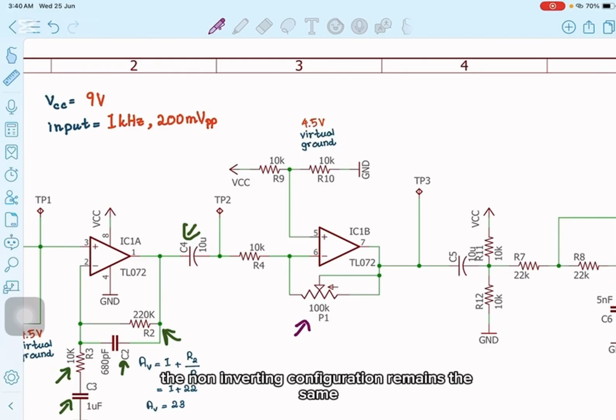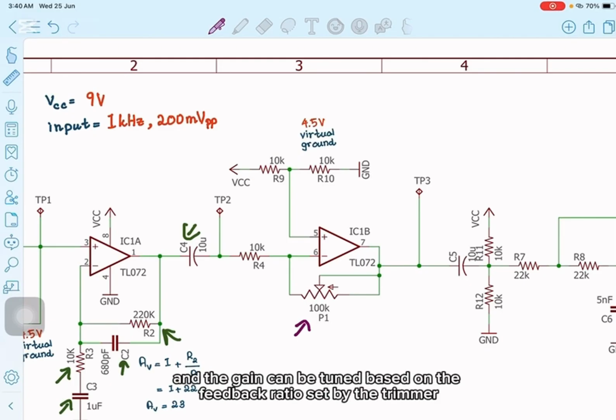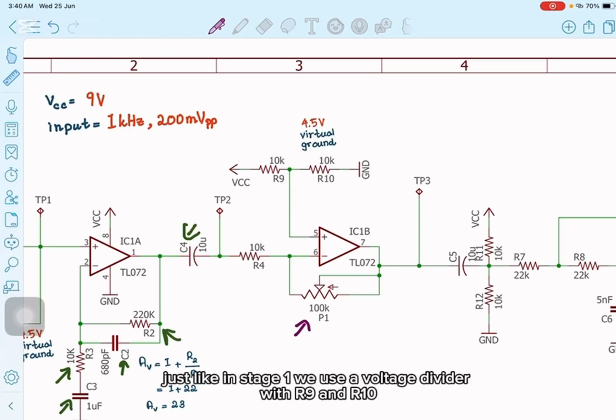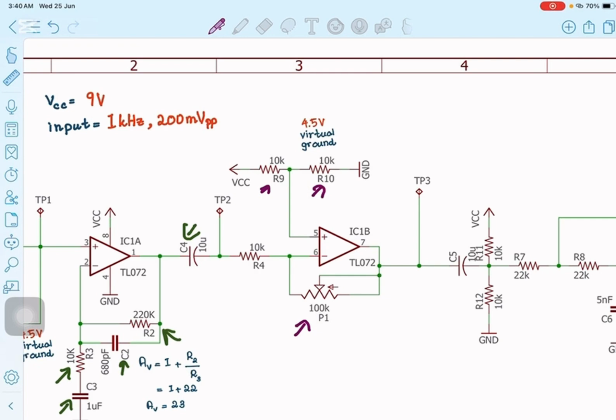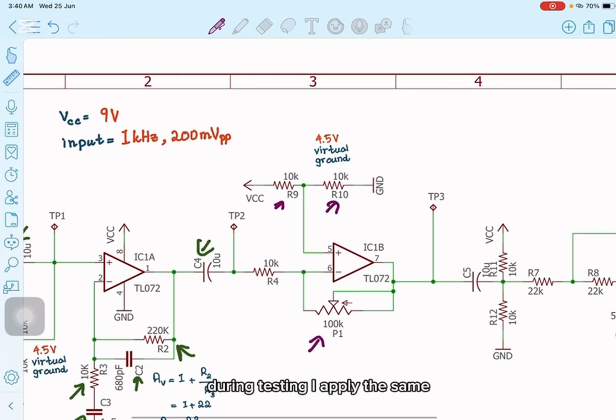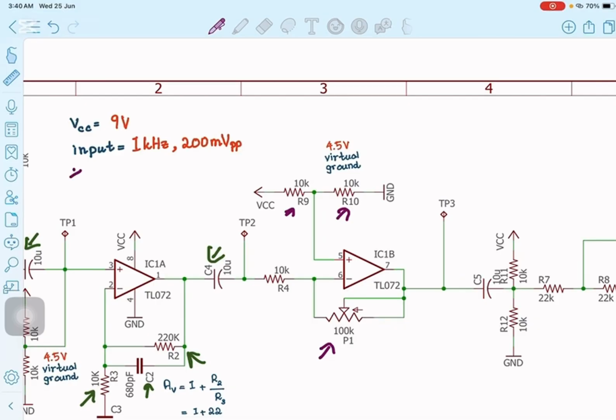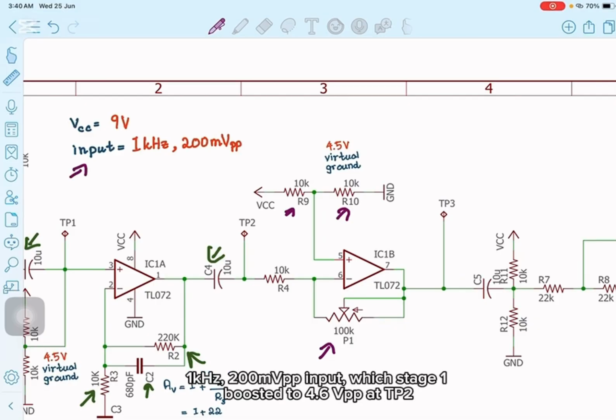The non-inverting configuration remains the same, and the gain can be tuned based on the feedback ratio set by the trimmer. Just like in stage 1, we use a voltage divider with R9 and R10, both 10 kilo ohm, to provide a 4.5 volt virtual ground, since we are still operating in single supply mode. During testing, I applied the same 1 kHz, 200 mV Vpp input, which stage 1 boosted to 4.6 Vpp at TP2.